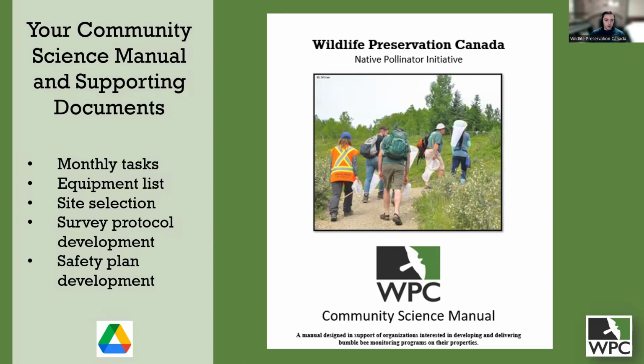Basically, that whole outline that I gave is laid out in fine detail in our community science manual. If you're interested in exploring community science further as a host, you can reach out and we can provide this to you.